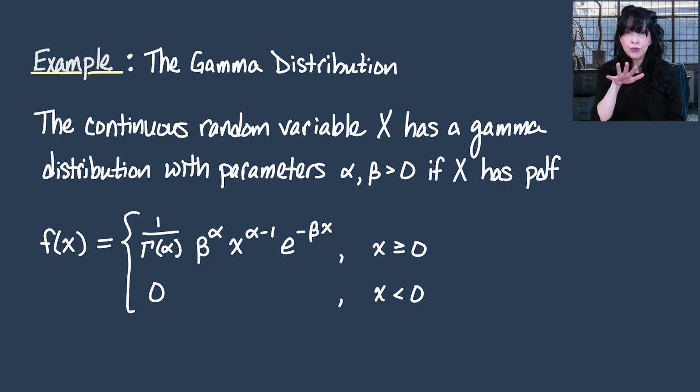Now, you may have 1 over betas in place of my betas. And this is just like our discussion about how I parameterize the exponential distribution a few videos back. I write my exponential distribution as lambda e to the minus lambda x. You might have seen 1 over lambda e to the minus x over lambda. In my case, lambda is known as a rate parameter for the exponential distribution.